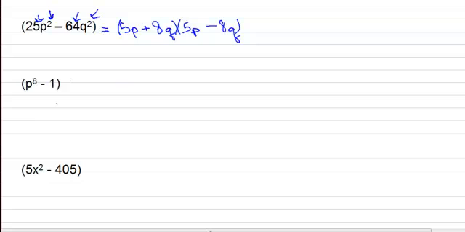Now, sometimes they can get a little bit longer, and this one is a nice example of that. So again, we look to see if they're perfect squares. Now, remember, 1 is a perfect everything. It's a perfect square, it's a perfect cube, it's just a nice little number that works for everything. P to the 8th is a perfect square because that's P to the 4th times P to the 4th, and 4 plus 4 is our 8. So perfect squares. So now we're going to put our parentheses, and we know that it's P to the 4th times P to the 4th, and we know 1 is of course 1 times 1, and then we do the plus and the minus.